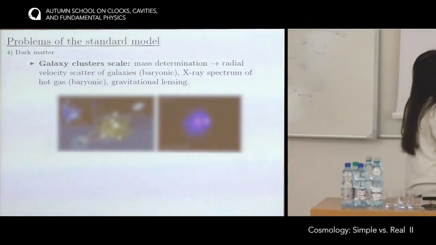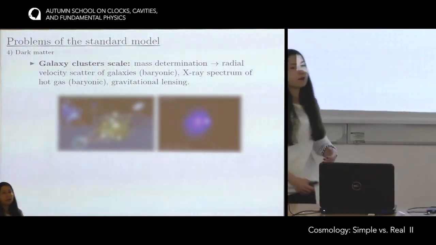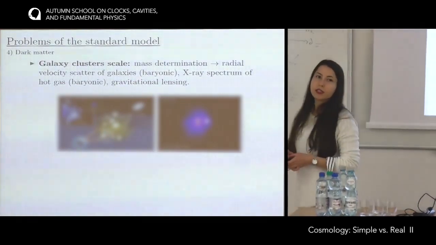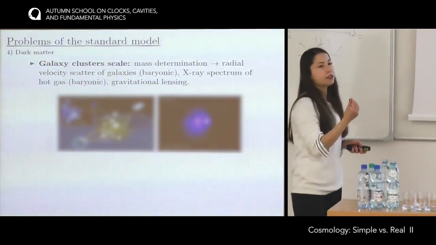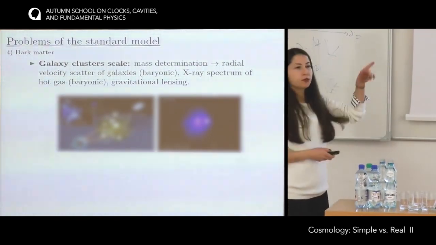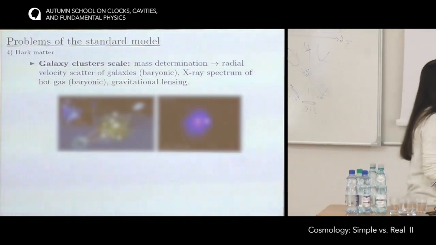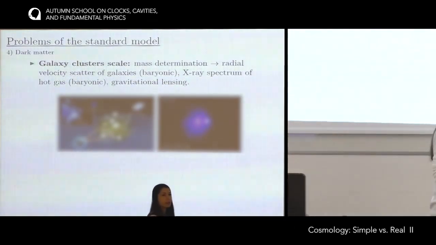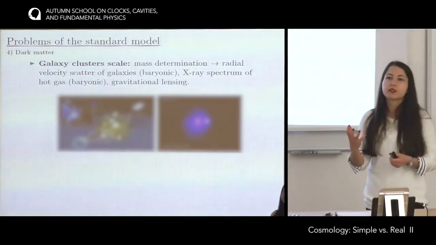Okay, so let's say you're on Earth and you want to observe a distant galaxy. If there's an intervening galaxy cluster or some object, the light of this distant galaxy that you want to observe is bent, and you see multiple images of this distant galaxy. So by looking at the images that you have of this distant galaxy, you can get an idea about this intervening galaxy cluster's mass, right?